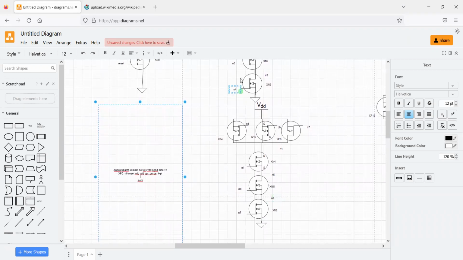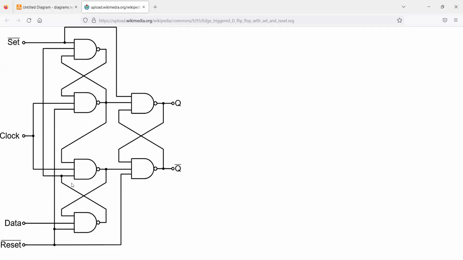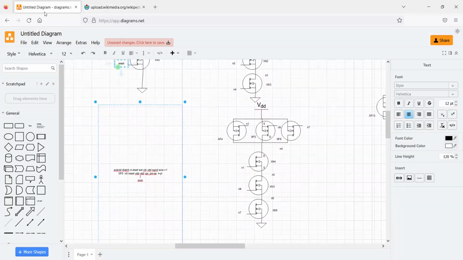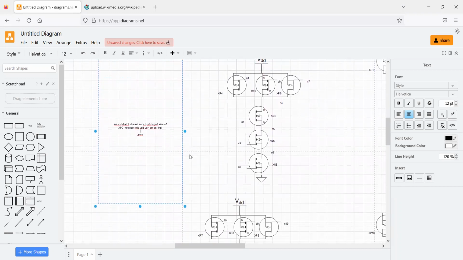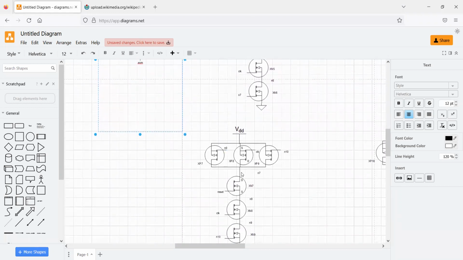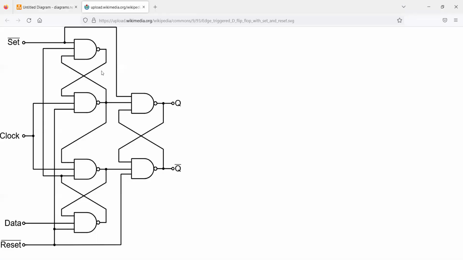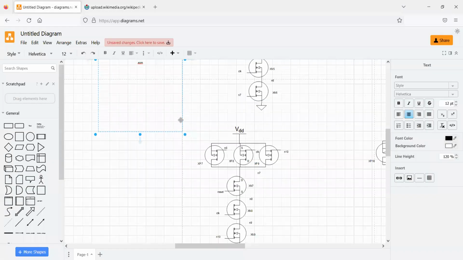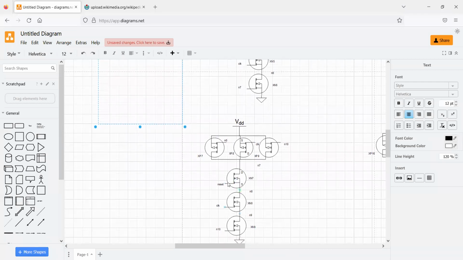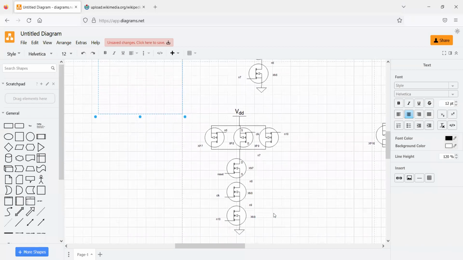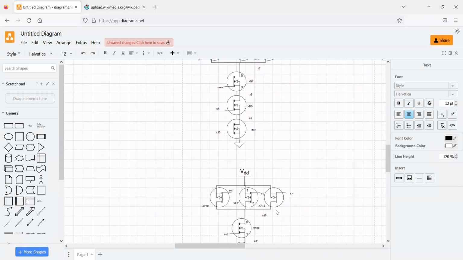So this is for the second NAND gate, and then the same thing. The most important thing is to write down the nodes. You can even write them here so that you don't get confused, and then describe them here: the nodes, the inputs, reset, clock, and so on, so that you don't make any mistake.